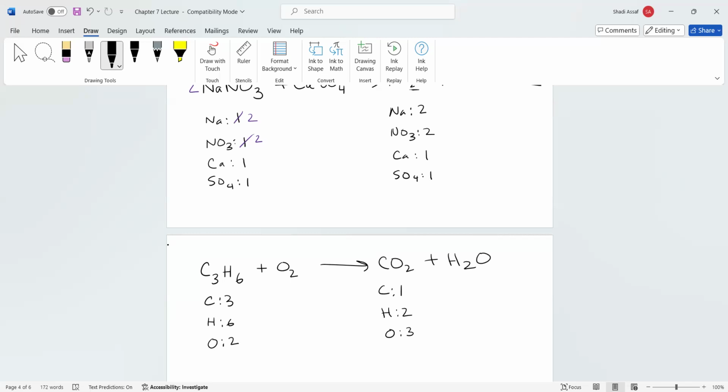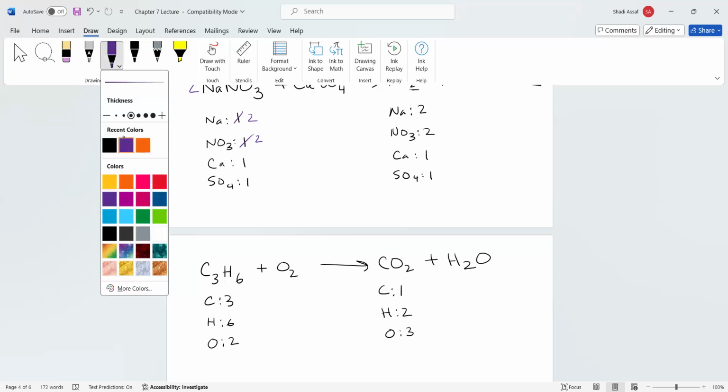Okay, so let's begin. You may wonder, all right, let's start with the hydrogen. Let's multiply this by 3, or even the carbon. You might put a 3 here, whatever you would like to begin with. Again, trial and error is going to be something that you may really have to do. So let's start by balancing the carbon.